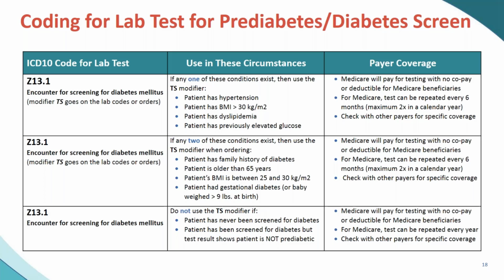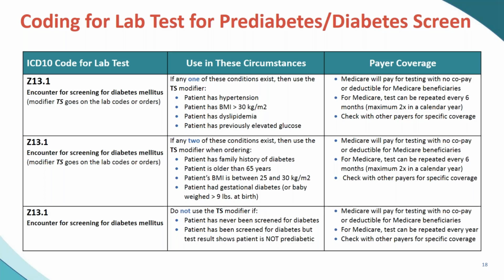The top set is a very high risk, is the way I would interpret this, very high risk that they are going to be pre-diabetic, so it only requires one of those conditions to be present. The middle box requires 2 because they are risk factors that have been identified, but it may not be as immediate as the top set of conditions.